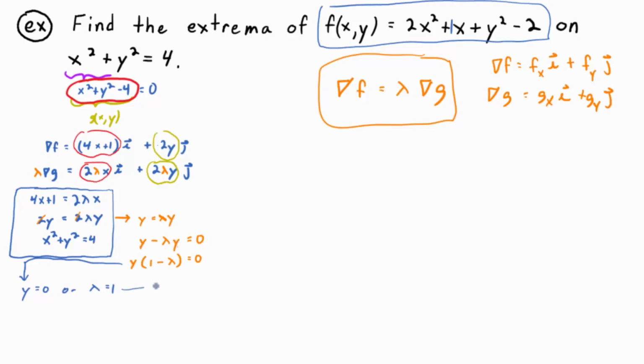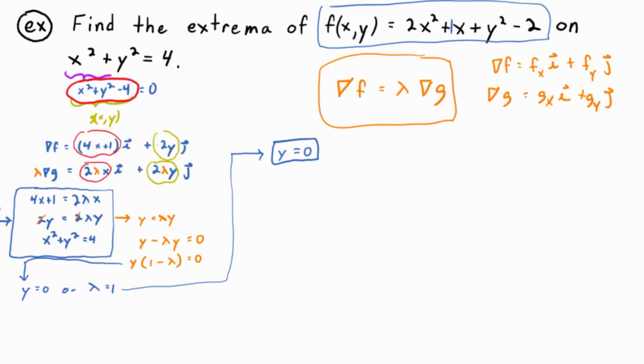Let's assume, going up here, y equals 0. And then after that, we'll see what happens if lambda equals 1. If y equals 0, go back and look at your system of equations in the box. Is there another one that you could plug into and maybe get x?